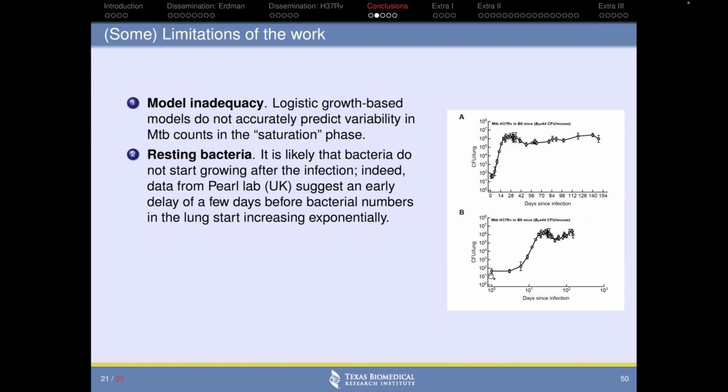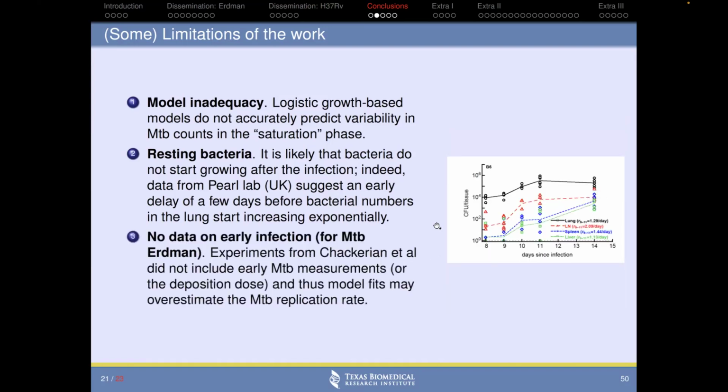And what you can see here, when you look at day 1 or day 2 or day 5, is that for the first few days bacteria don't replicate. Only at day 5 or so do you start seeing them grow, and then over the next several days they really grow exponentially, very, very rapidly. So we didn't include that resting phase in our modeling. That's something that we need to do.